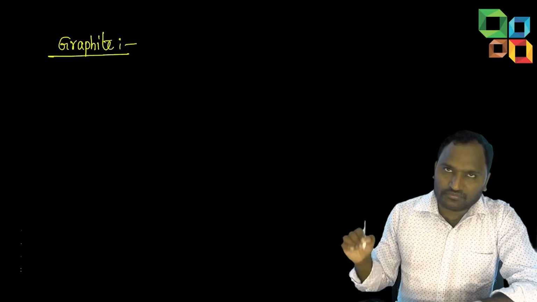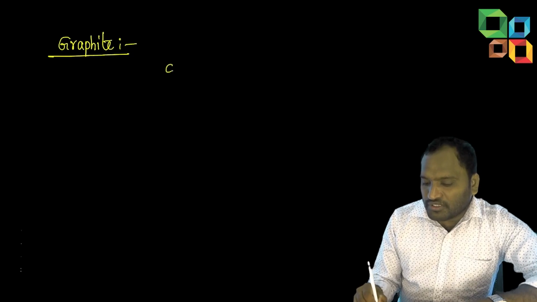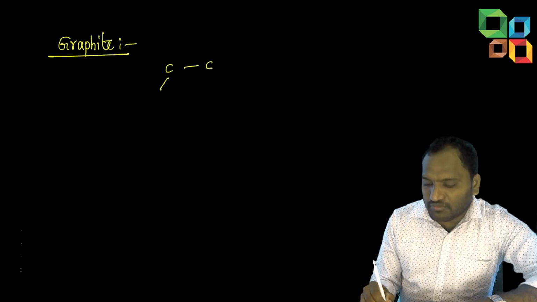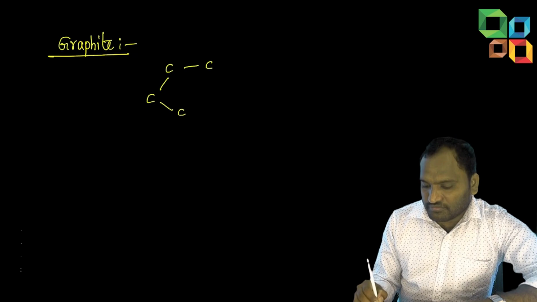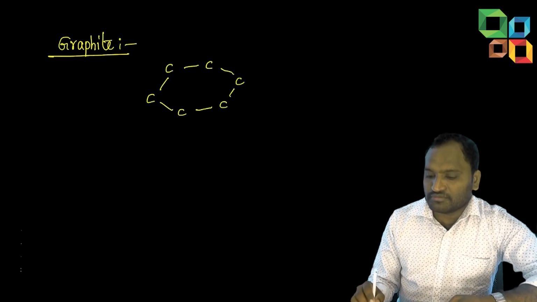Graphite. In this, carbon atoms are arranged in a hexagonal manner.